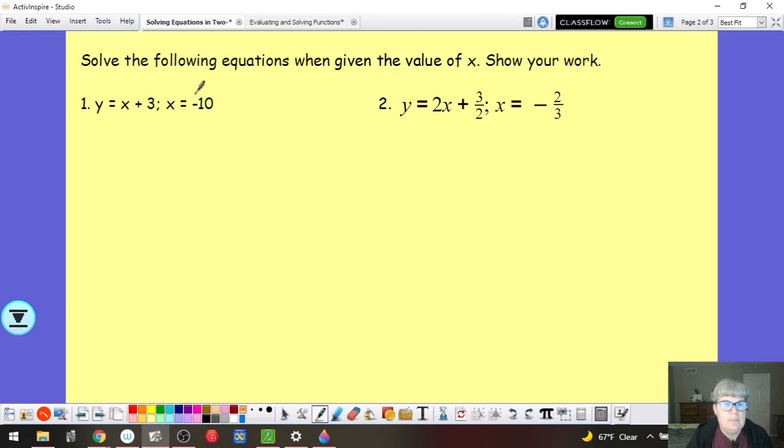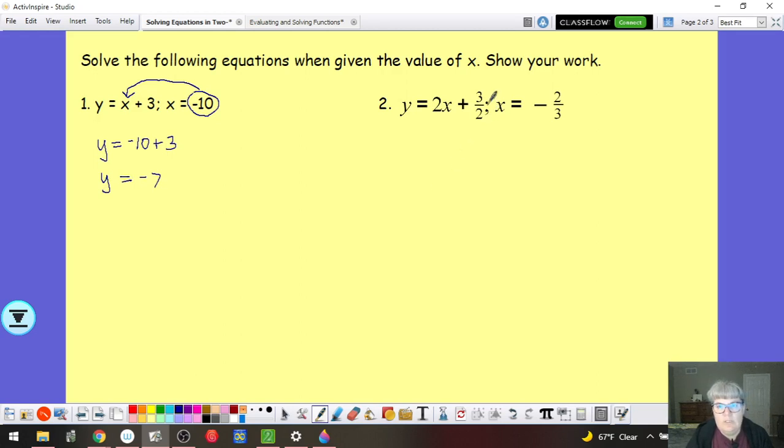What that means is we're going to take this negative 10 and substitute it for x in our equation. So we're going to have y equals negative 10 plus 3. And when we simplify that, we have y equals negative 7.